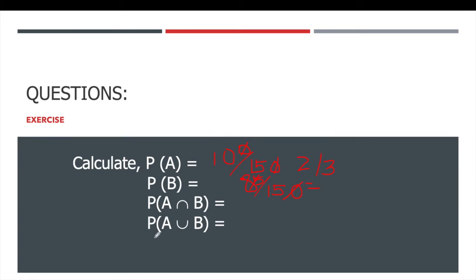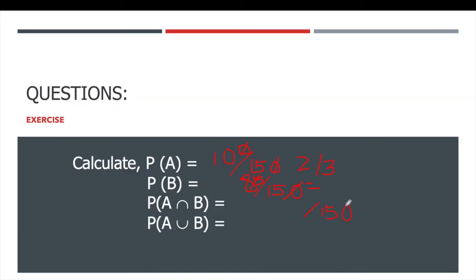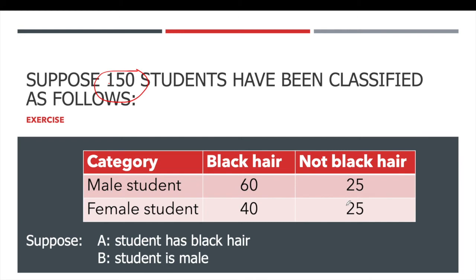Next up we have the probability for A intersection B. Again we have 150, and what is the intersection of A and B?